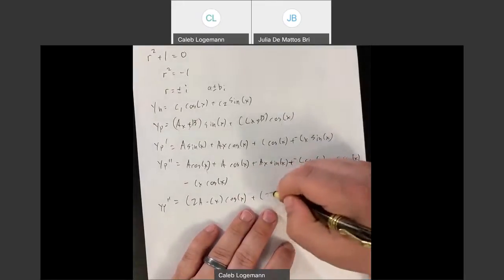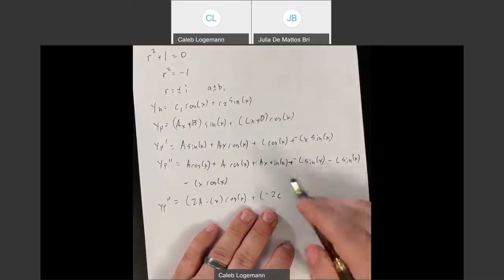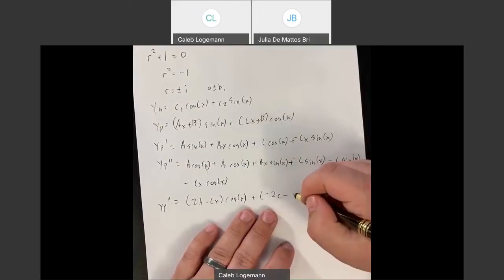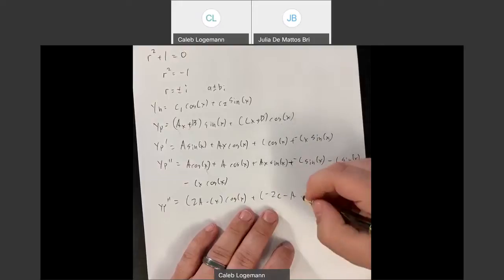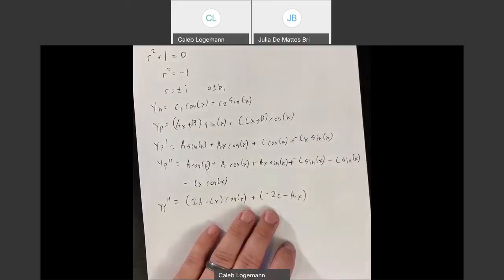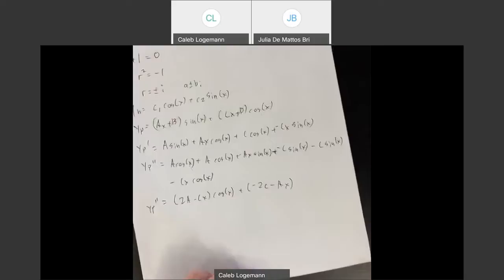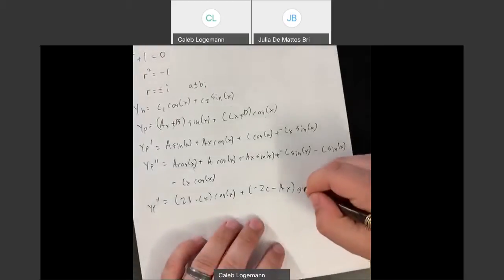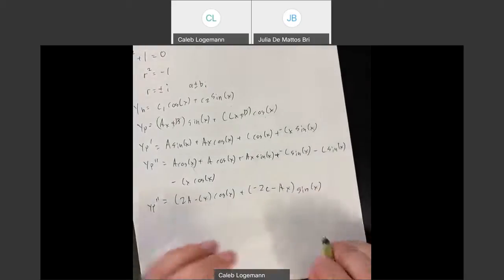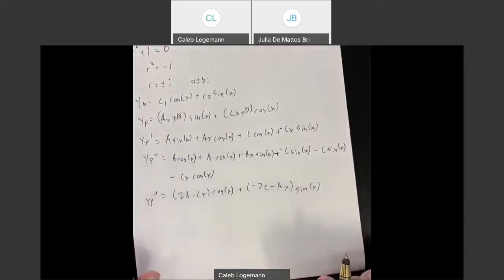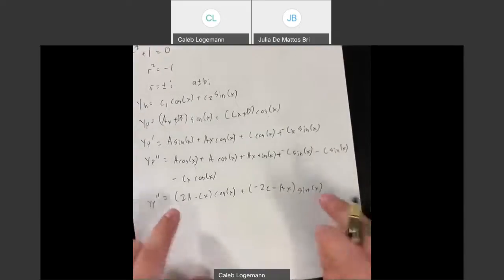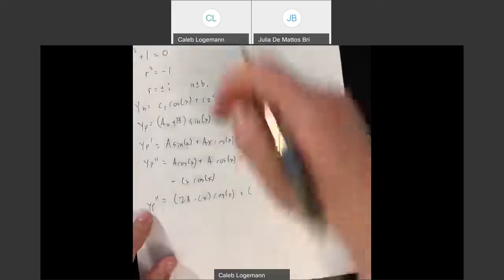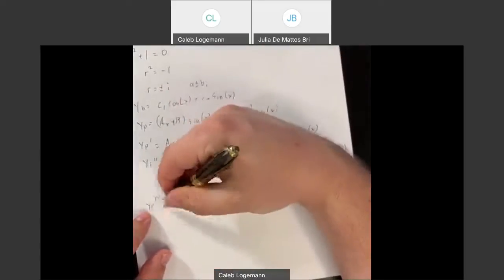We have minus 2c minus ax times sine of x. All right, and then now we actually plug it into the equation. So that was just finding the second derivative.